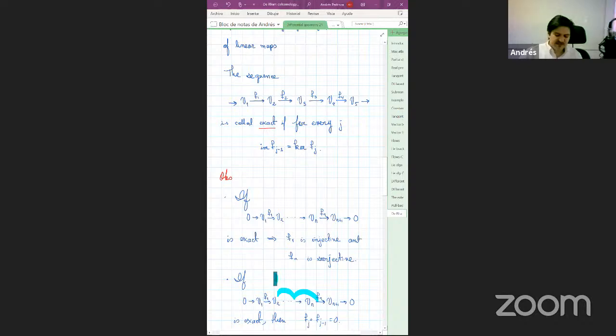Okay? Because you have an element here. It maps here. So it is already in the image of this map. So if you apply the next map, it has to be 0, right? So applying consecutive maps gives you the 0 map.